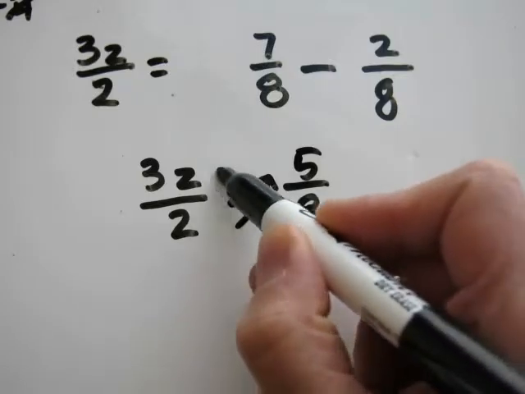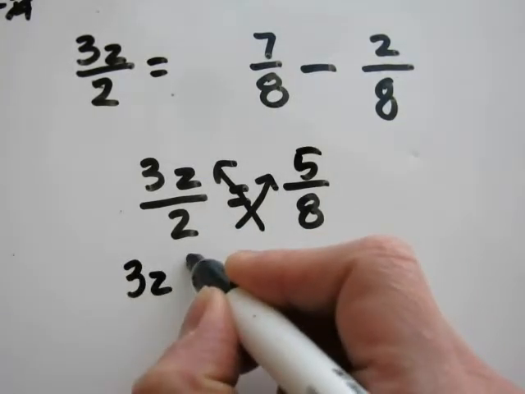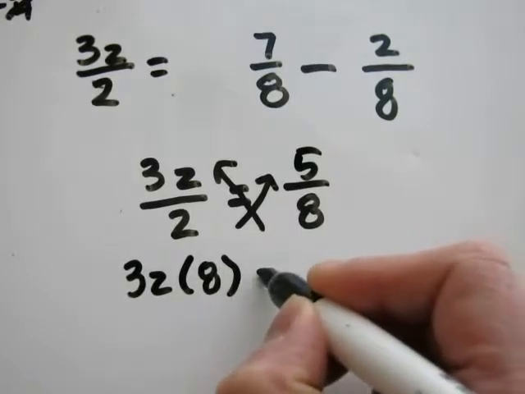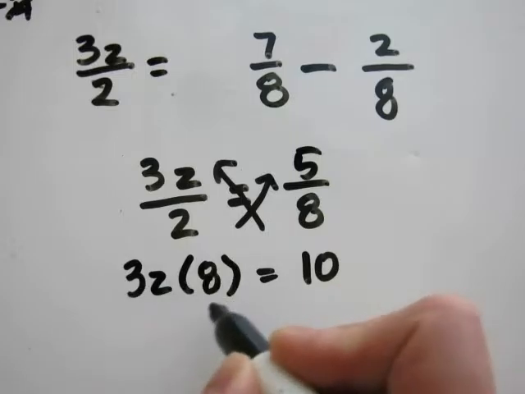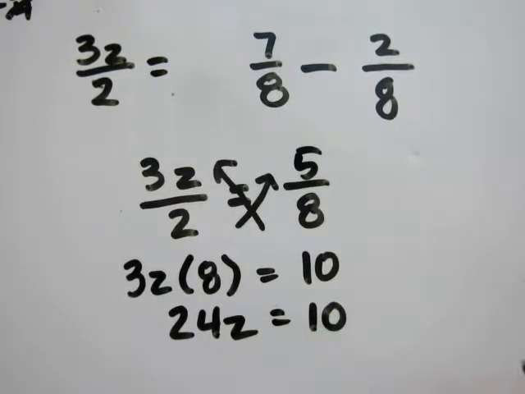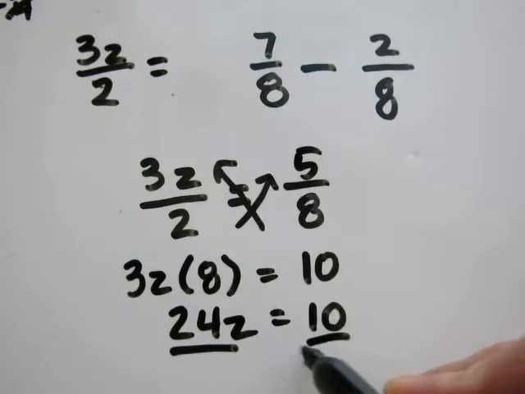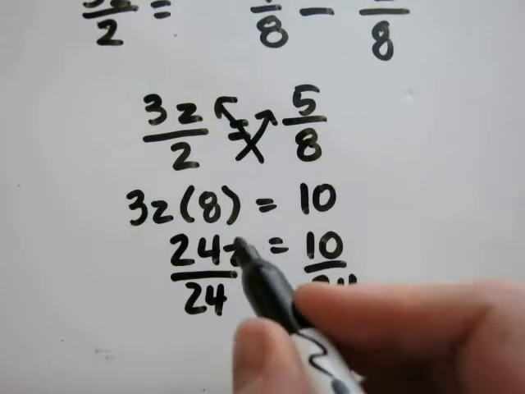Now I can simply cross multiply. Take 3z times 8. 2 times 5 is 10. 3 times 8 is 24. Divide by 24.